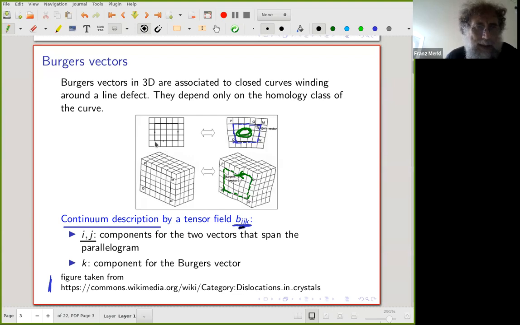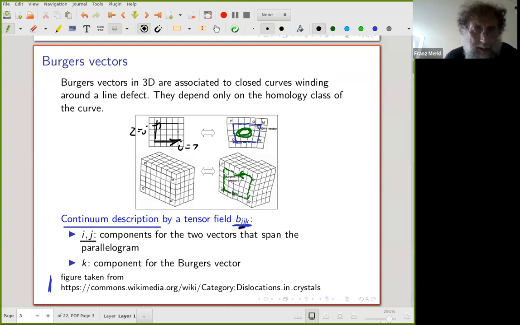So, for example, here in this picture, I is the index for this direction. For example, it could be I equals 1, and J is for the second direction. So here I equals 1, it's in X direction, and J equals 2, it's in Y direction.